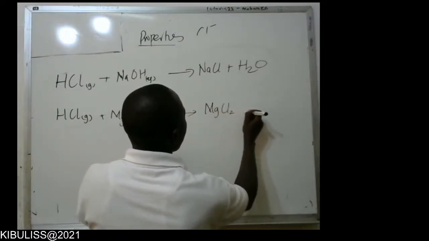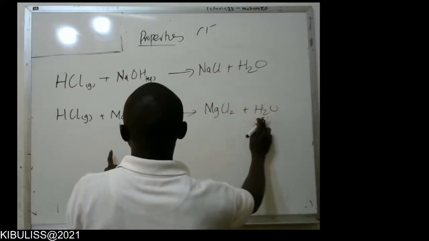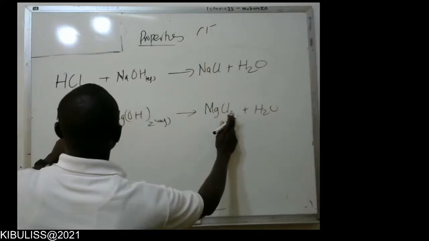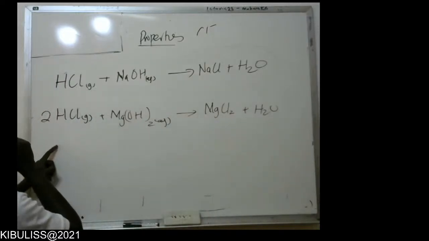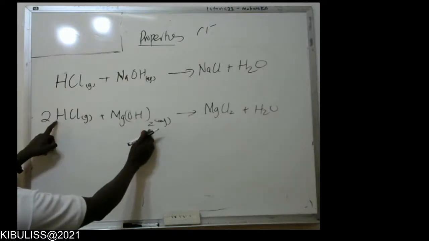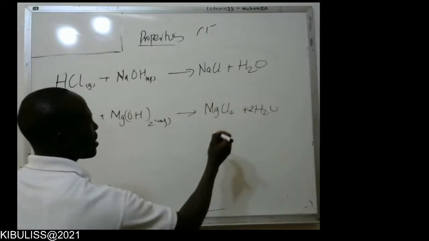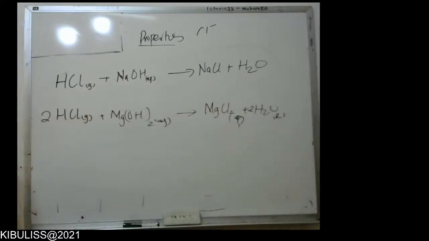Magnesium chloride plus water. Here chlorines are 2, here chlorine is 1, so that is a 2. Hydrogens have changed to how many? 4. So there must be a 2 here because oxygens are 2. Balanced equation. This is aqueous, in water, and so on.